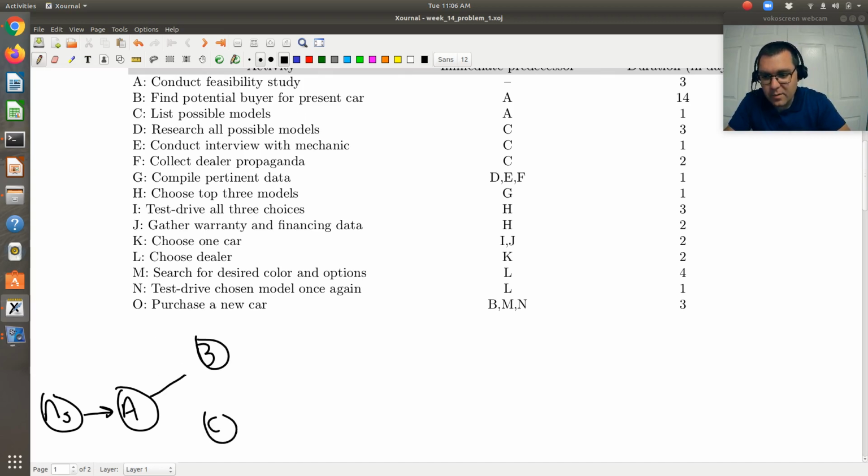I'm going to try and draw my arrows a little shorter to make sure I can fit this all on here.